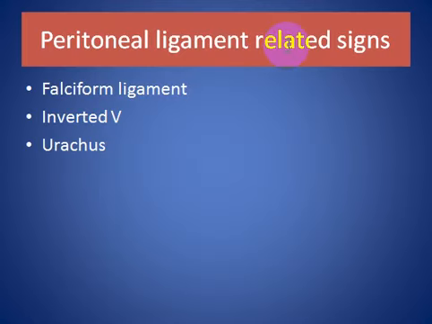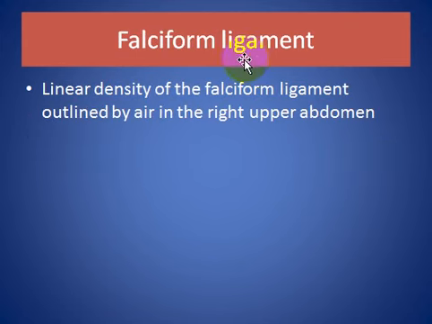Peritoneal ligament-related signs: we have the falciform ligament sign, the inverted V sign, and the Eureka sign. Falciform ligament sign: the falciform ligament connects the anterior abdominal wall to the liver and extends inferiorly beyond the liver to become the round ligament.